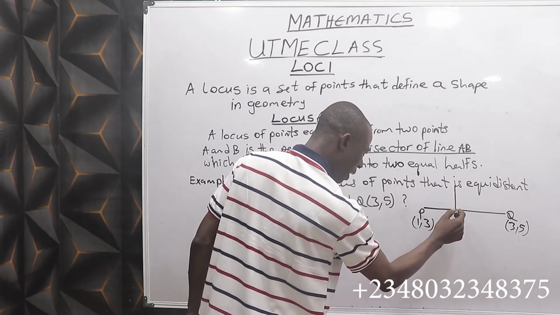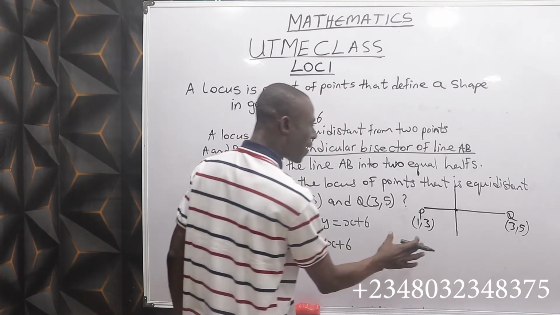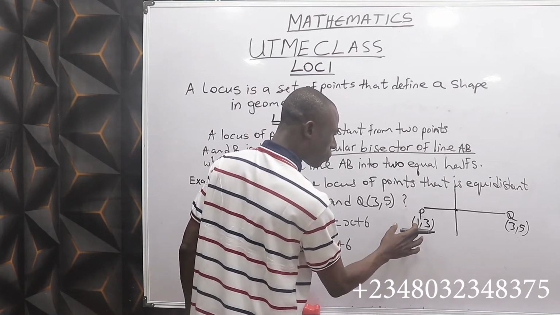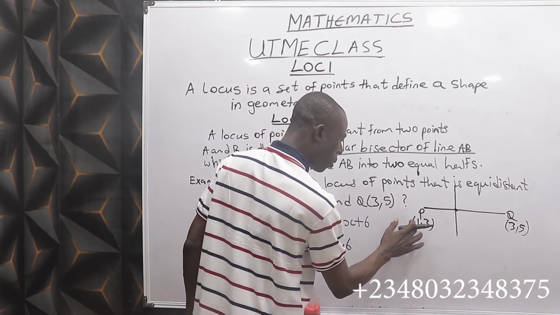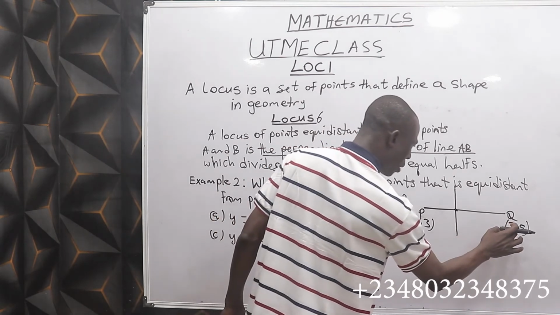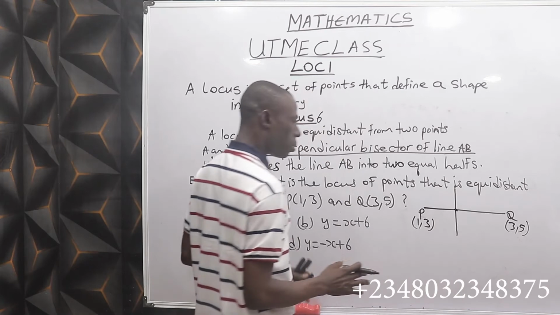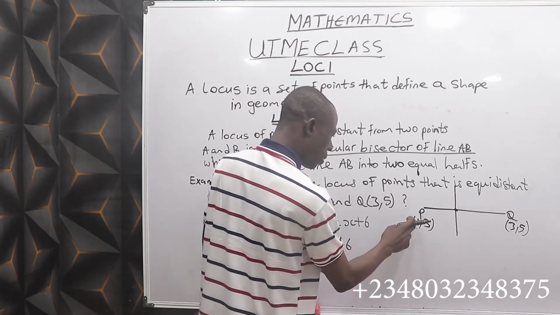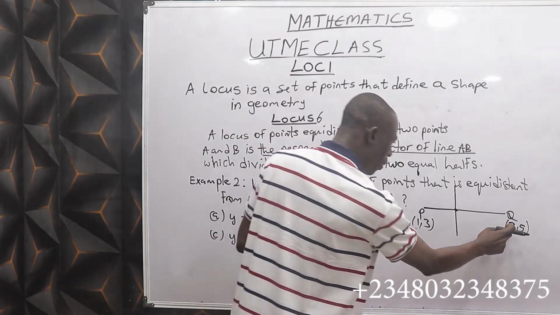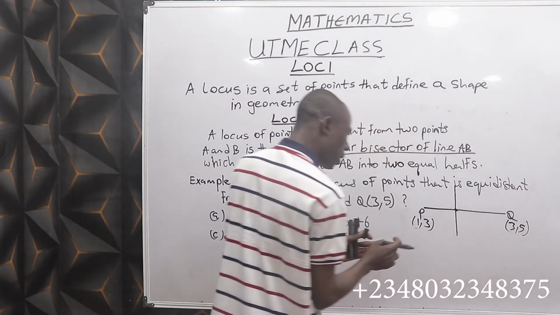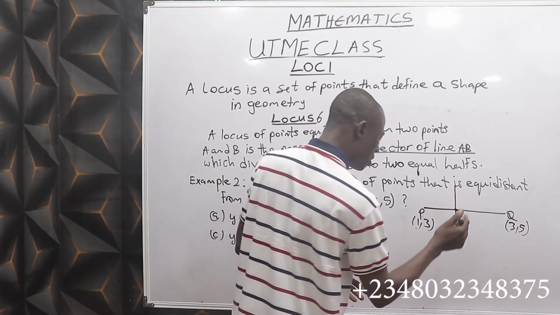That is what we need here at this point. And that will be half of the addition of x1 plus x2. x1 plus x2, that is 4 here. 1 is the x1 here. 3 is the x2 here. Addition of them is 4. Halve it, that is 2.